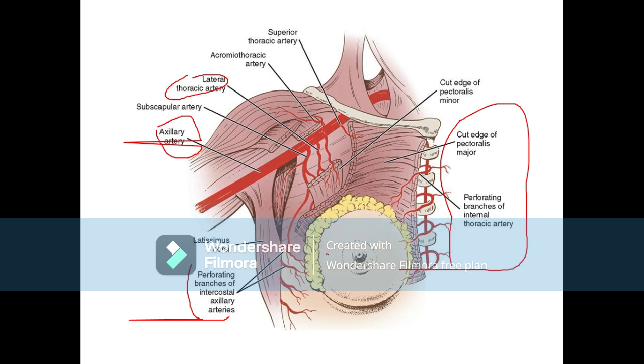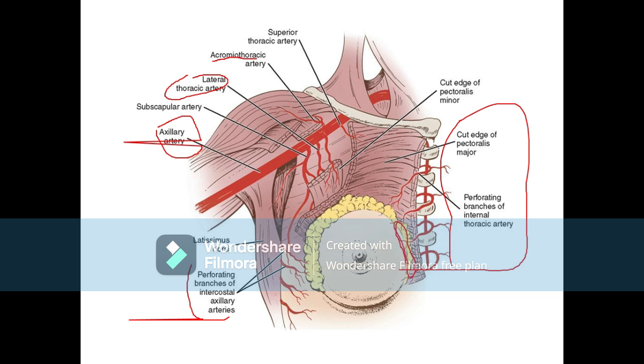Then we also have other sources. You can have supply from the pectoral branch of the thoracoacromial artery. The thoracoacromial artery is also a branch of the axillary artery. So the pectoral branch of this artery also supplies the breast. The branches coming from the internal mammary artery, those that supply directly the breast, are mainly three: the second, third, and fourth perforating branches.